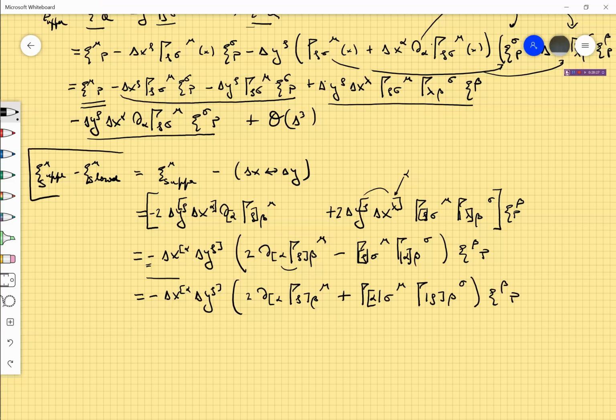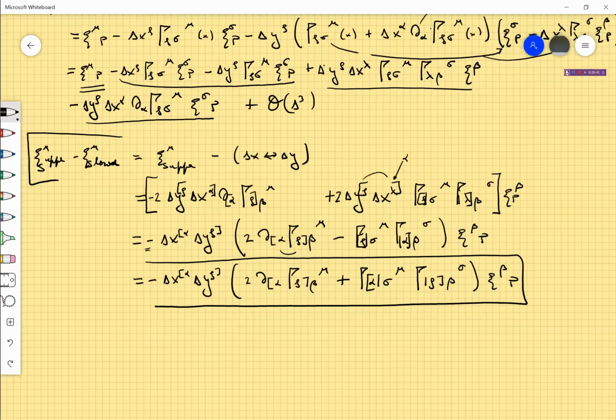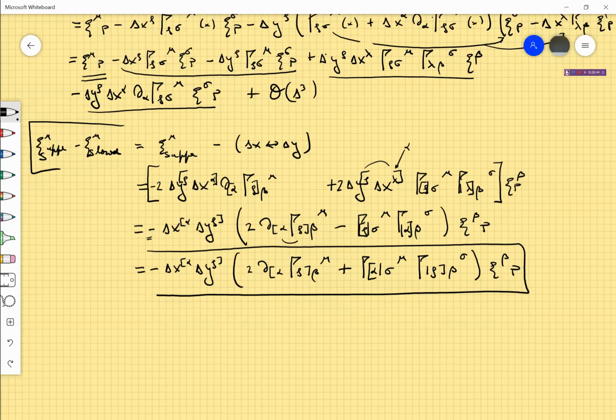basically the result. So you see that the result of parallel transporting a vector from one point to another along two different paths is different, if and only if, in general, this object that appears here multiplying the vector and these displacements, an object that has these indices, vanishes.